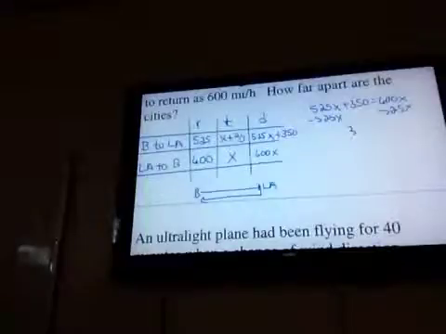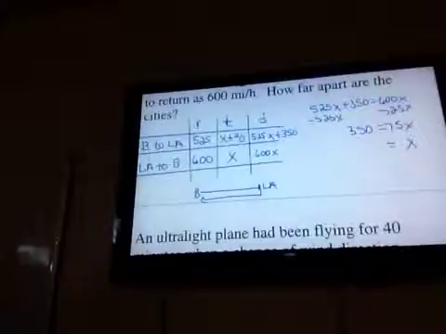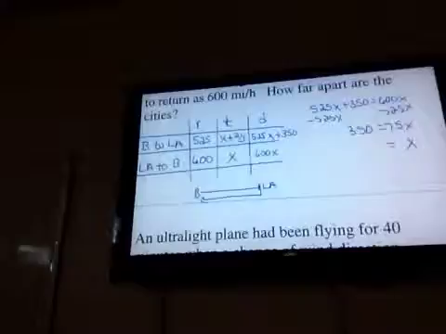So I have 350 equals 75x. And once again, I get a repeating decimal. So I'm going to have 14/3. 350 divided by 75, I get a yucky decimal.